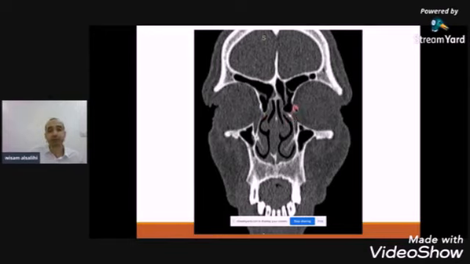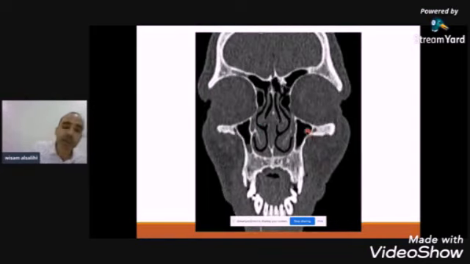You see the relation between the nasolacrimal sac and the agger nasi cell: the posterior surface of the nasolacrimal sac is in close contact with the anterior surface of the agger nasi cell. Sometimes we open the agger nasi cell when we do DCR. And this is the frontal recess, and on the right side the nasolacrimal duct appears very clear.